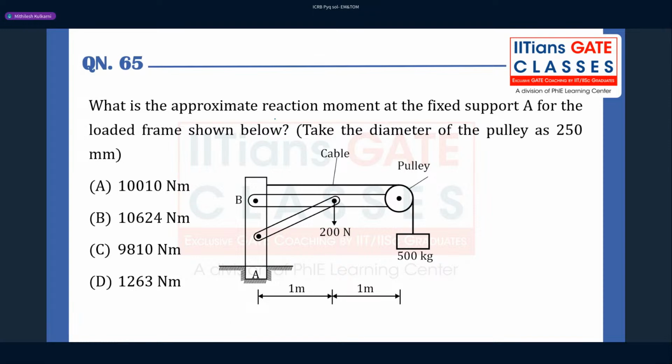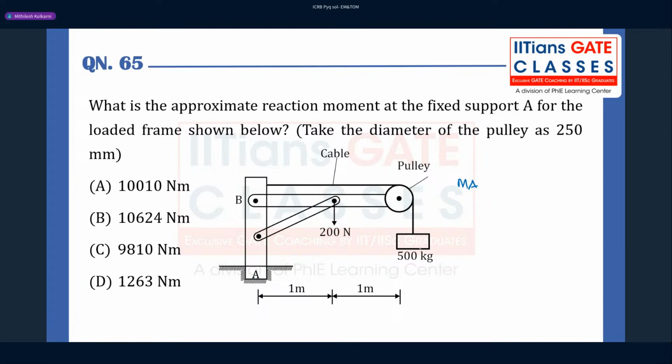So reaction moment. So if you focus the point A, what is the overall moment at point A? At point A, the moment will be created by this 200 Newton force and also the 500 kgs of mass which we are attaching.